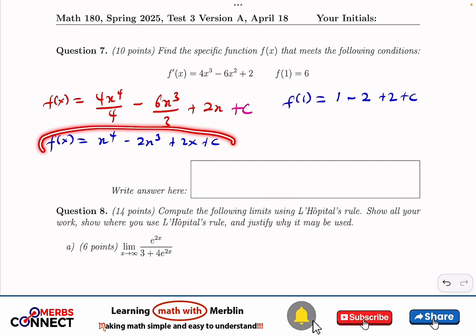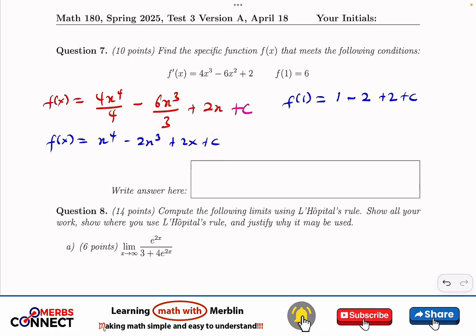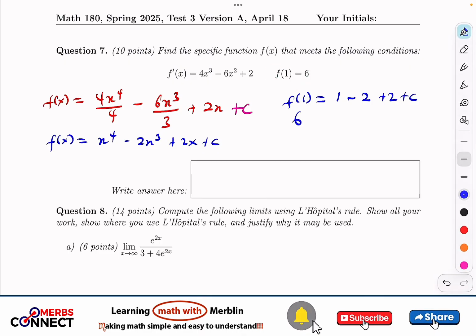So I was just doing substitution here. f of 1 is 6 from here. And when I combine all this, I have 1 plus c. So my c should be 5, which is 6 minus 1, which is 5.